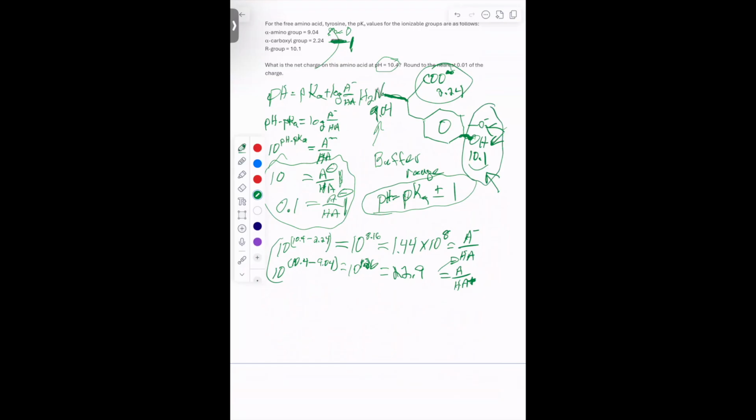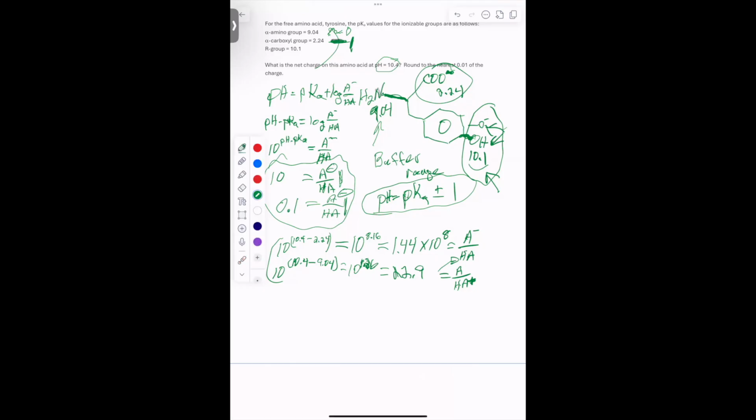We need to figure out the mole fraction of the base form, because it's the part that has the negative charge. So if we're looking here, we want to know what mole fraction of the deprotonated form is existing, because that mole fraction then will tell us what the charge will be.